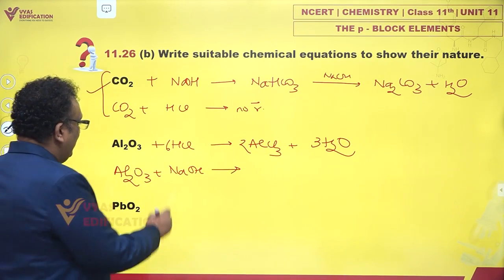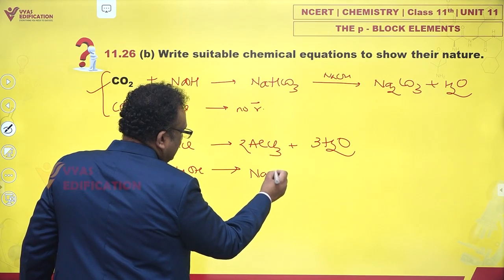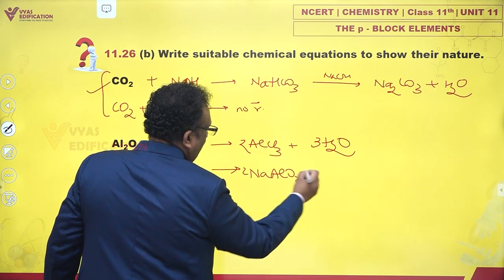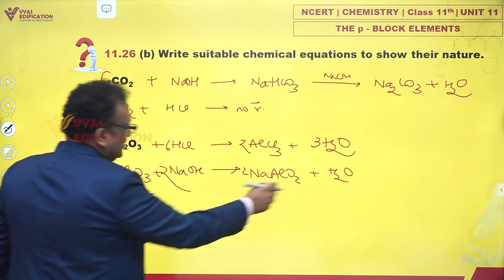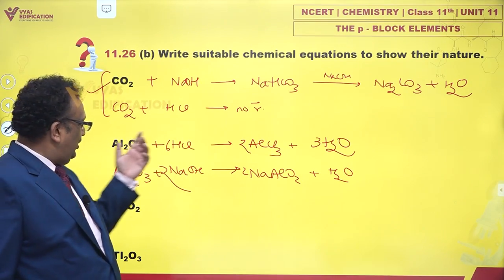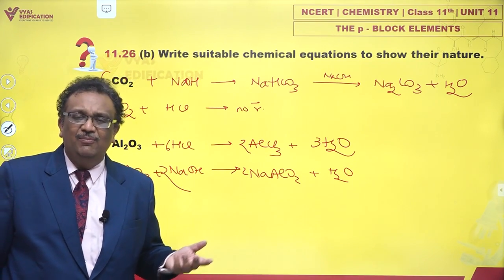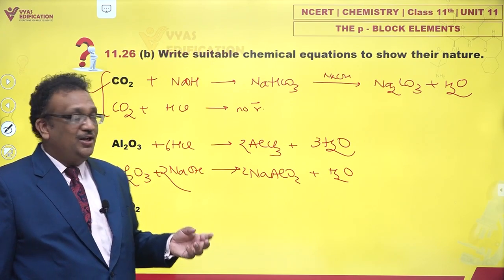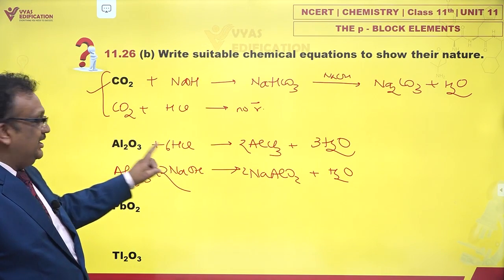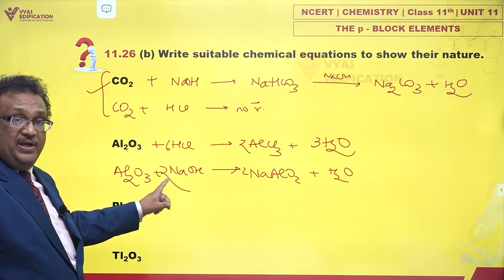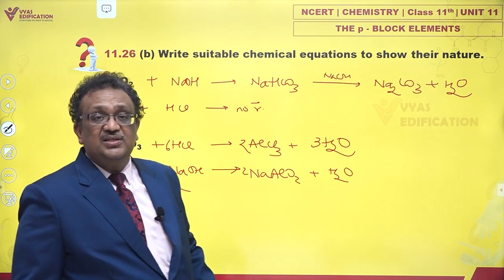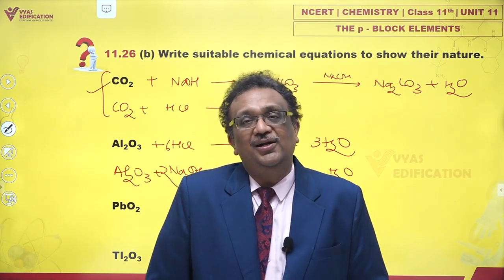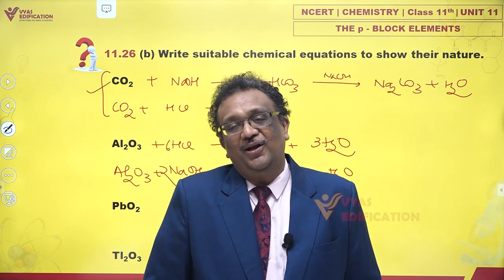Aluminium oxide also reacts with a base to form a salt and water. So what is aluminium oxide? Aluminium oxide becomes amphoteric in nature because with a strong acid, it behaves like a base. With a strong base, it behaves like an acid. And the substances which do this are typically and classically termed as amphoteric.